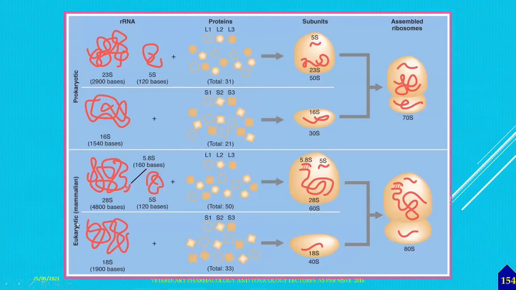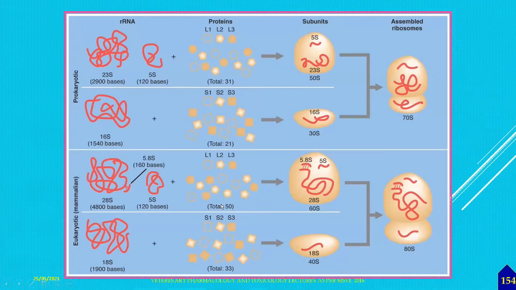Whereas the eukaryotic or mammalian cells, as we have already seen, contain the 80S ribosomes. So there is a total difference, except the 5S subunit, which is the same.